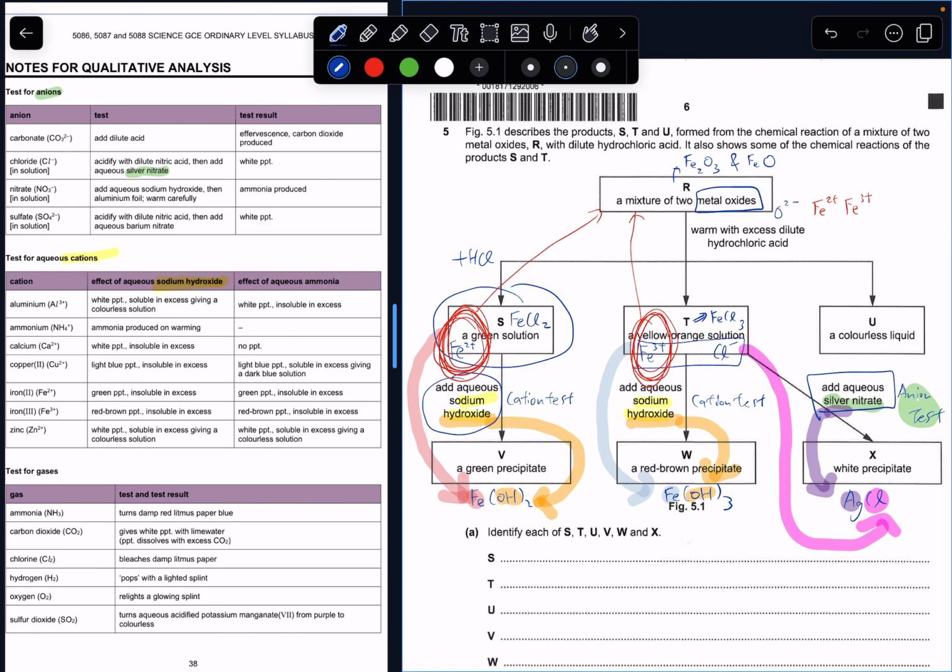Then, what is this colorless liquid? Not too sure, right? Never mind, think about it. We have acid plus metal oxide. There's another name for metal oxides, if you recall. It's called base.